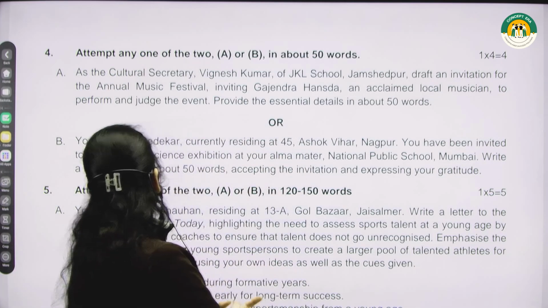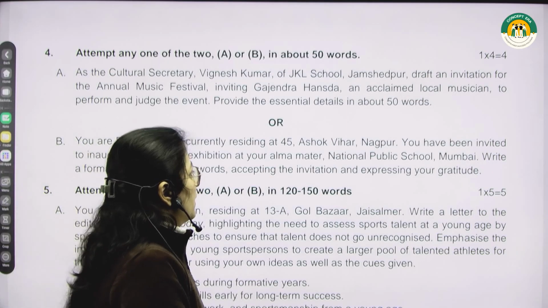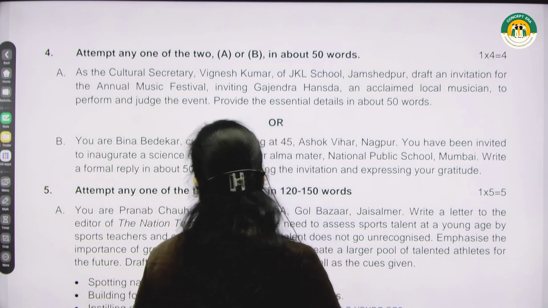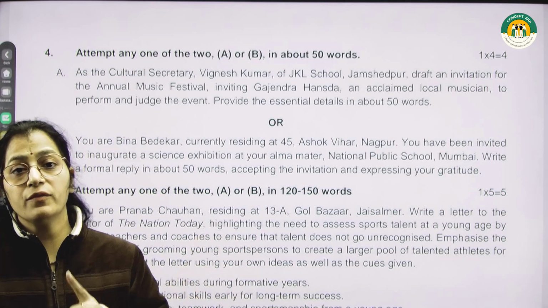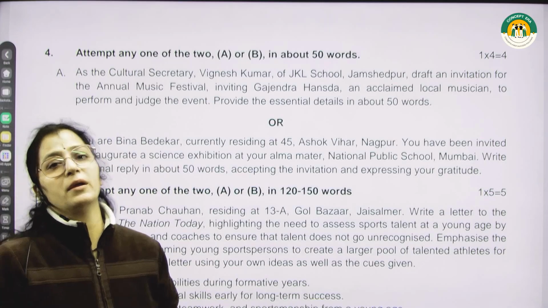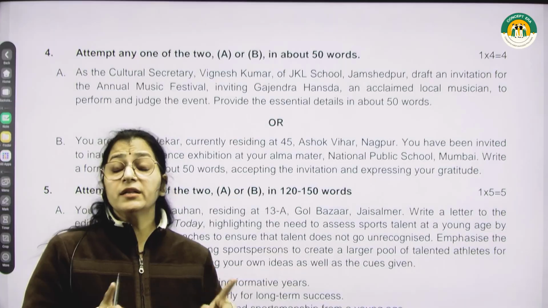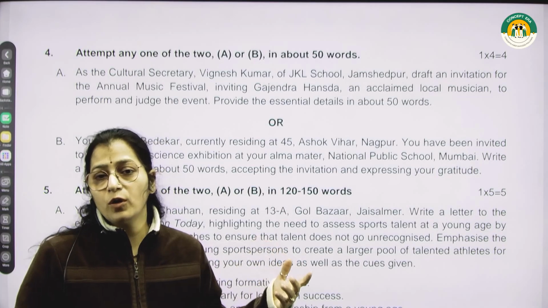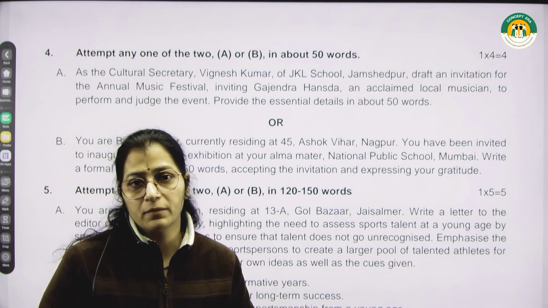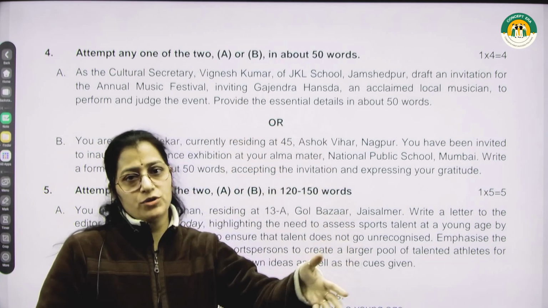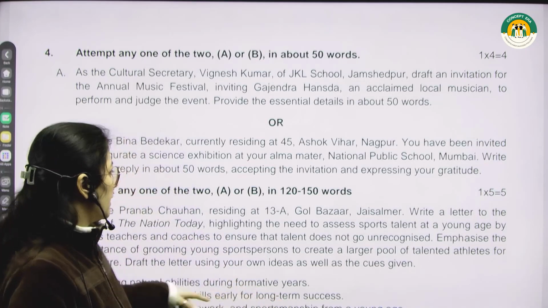You have been invited to inaugurate a science exhibition at your alma mater, National Public School, Mumbai. Write a formal reply in about 50 words. Of course, it's a reply, and a reply is always written in letter format. So both follow the letter format. Don't get confused about whether to write this in card format or letter format. For a single invitee, of course, you have to follow letter format, and all replies follow letter format completely.